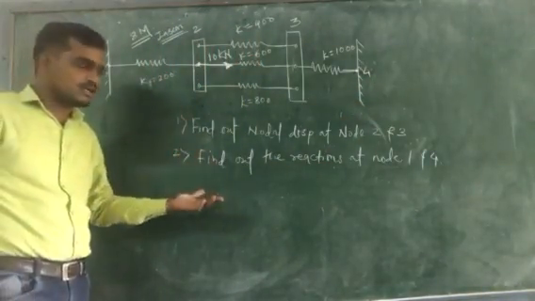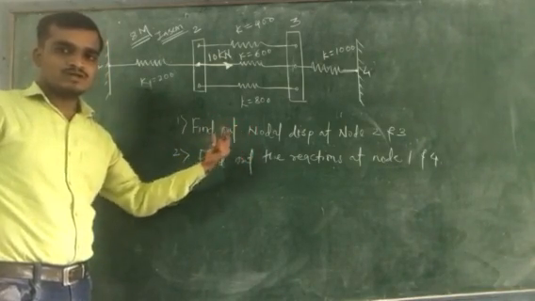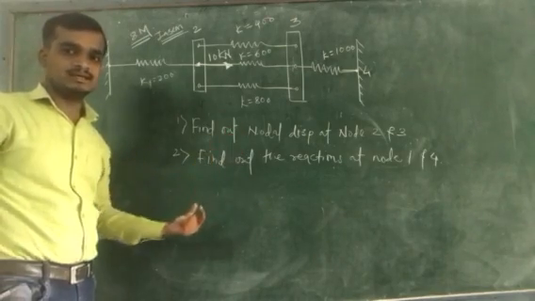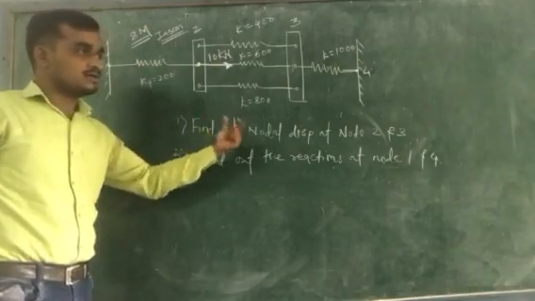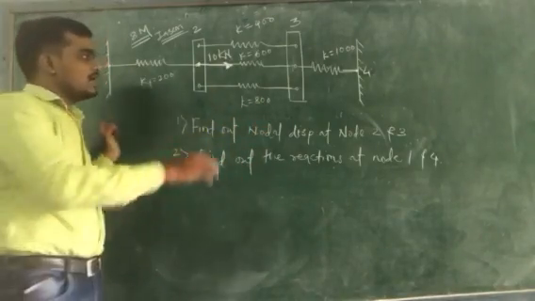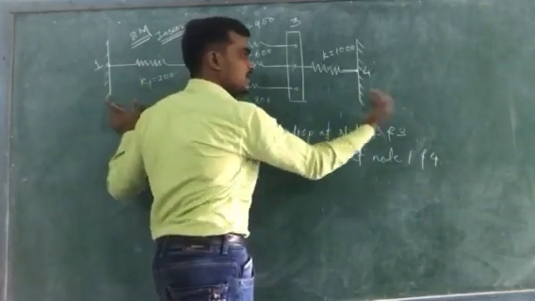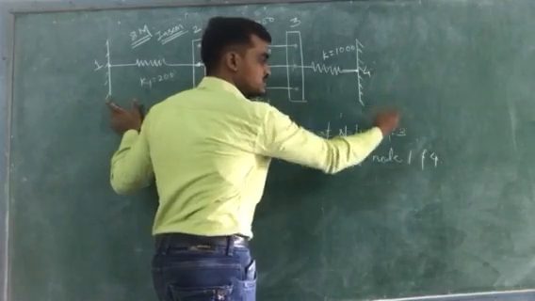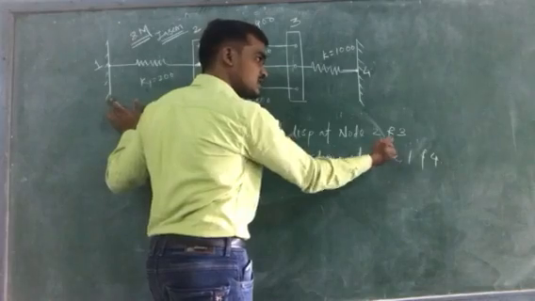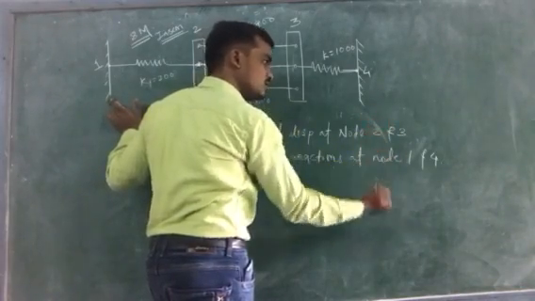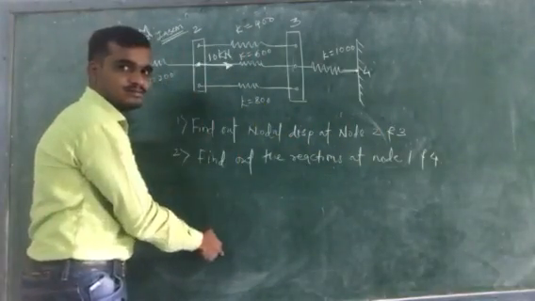By applying the boundary conditions, you will come to know which rows and columns need to be eliminated. As we know that U1 is equal to 0 and U4 is equal to 0, on the right hand side those displacements are 0, so eliminate those rows and columns. U1 is equal to 0, so eliminate the first row and first column.